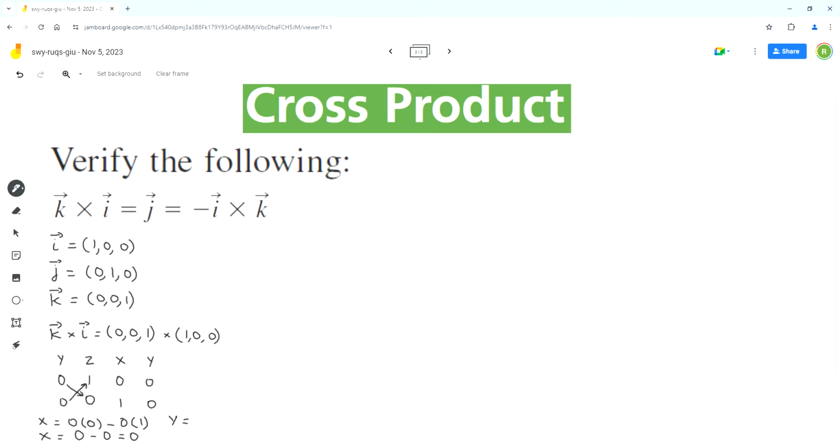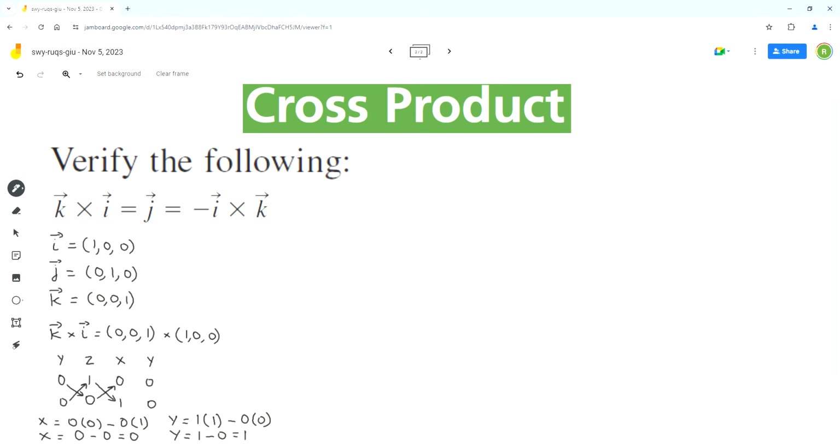Now we can find the y component. So we cross multiply the z and x components. So we start with 1 times 1 minus 0 times 0. So 1 times 1 is 1, 0 times 0 is 0, so we get 1. So the y component is equal to 1.